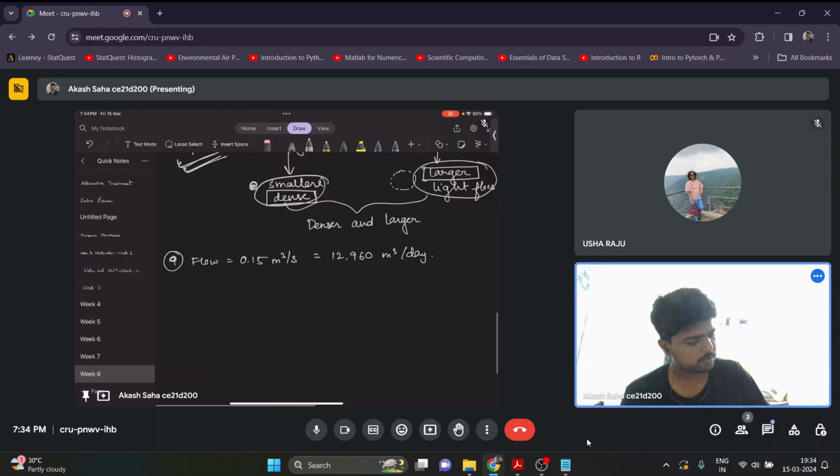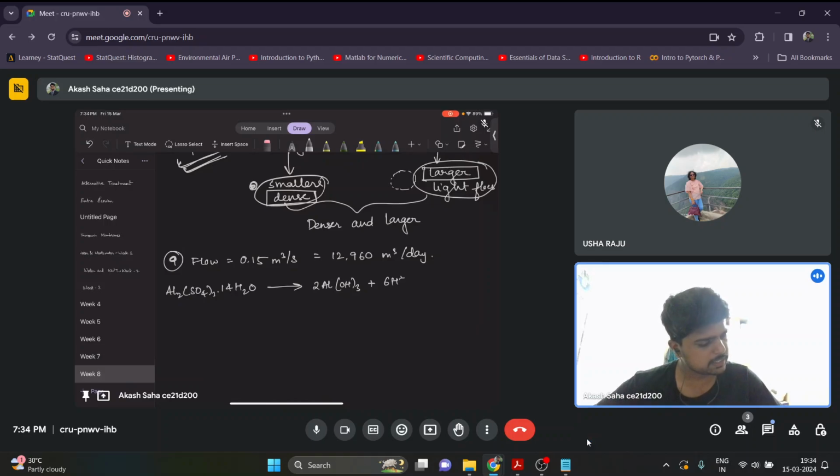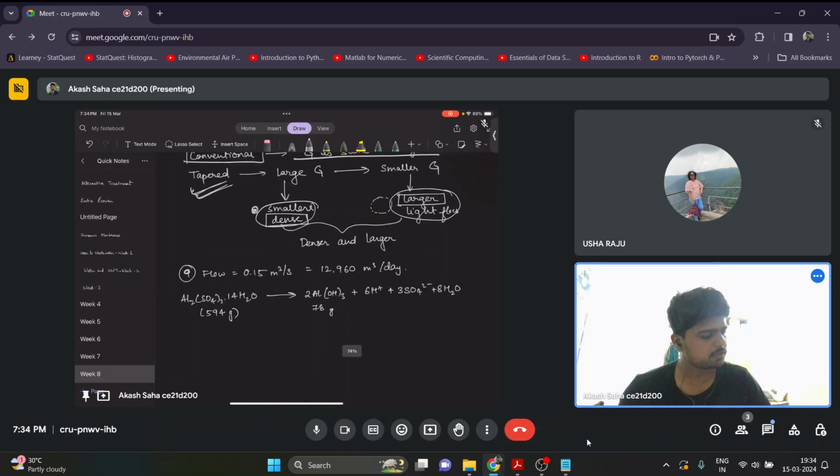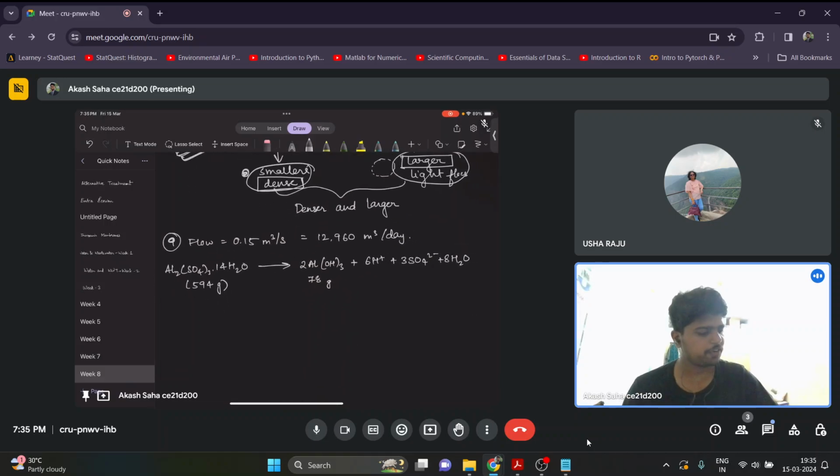So we know that Al2(SO4)3·14H2O is giving me 2Al(OH)3 plus 6H+ plus 3SO4 2- plus 8H2O. So this is my equation. The molecular weight of this alum will be 594 grams and the molecular weight of Al(OH)3 is 78 grams. So these are my molecular weights.